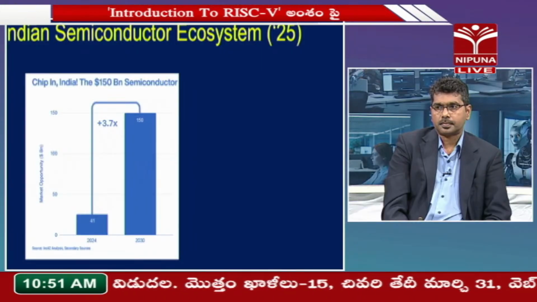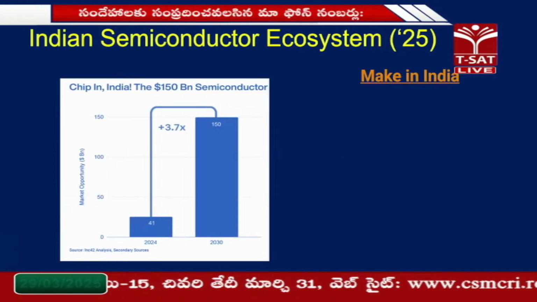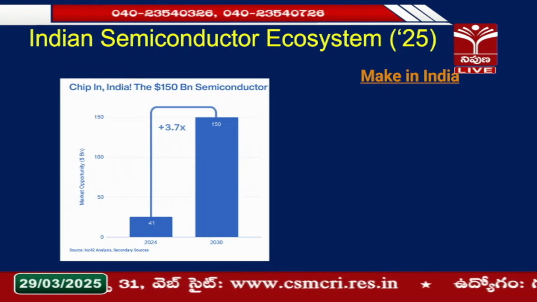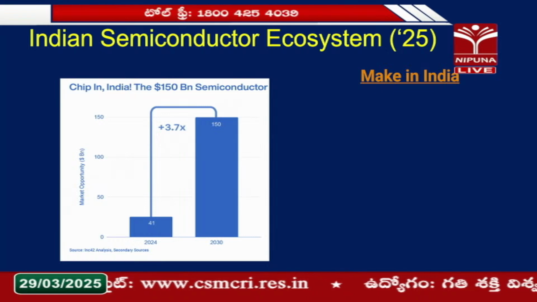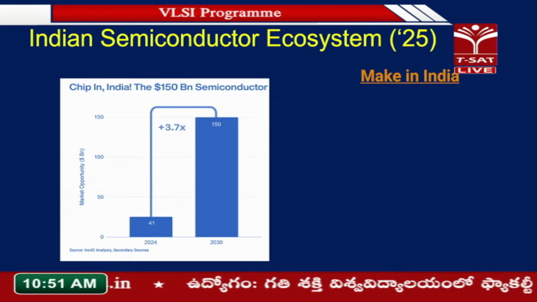Okay, then let's see where we are today, right. So this effort all happened, and IIT Madras was initially part of it, and we have few companies came out of that. And if you see today where we are in terms of the semiconductor ecosystem in India, by the way, before I get into all the companies, if you see the market today, right, 2024, the semiconductor market in India is around $40 billion, right, $41 billion, and it's projected to grow to $150 billion, right.